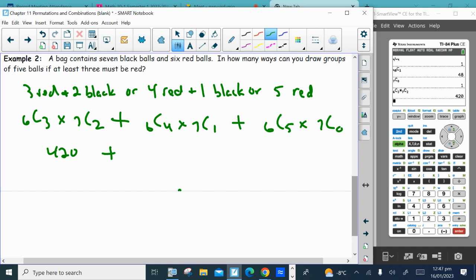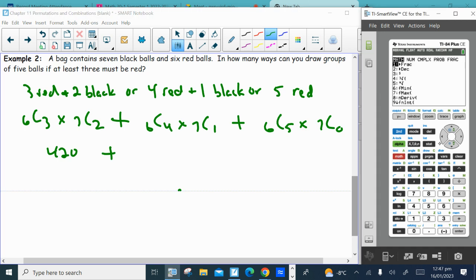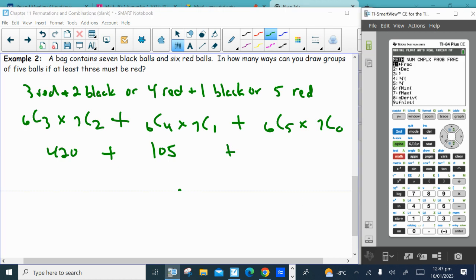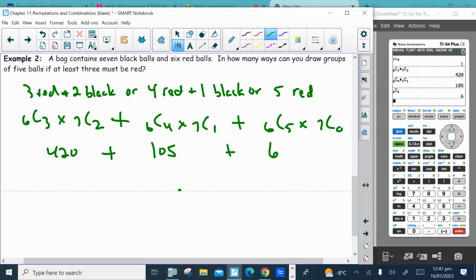Plus 6C4 times 7C1, 105, plus, and as I said, we only need really 6C5 there, which is 6. So you add these 3 together, you'll get 531.